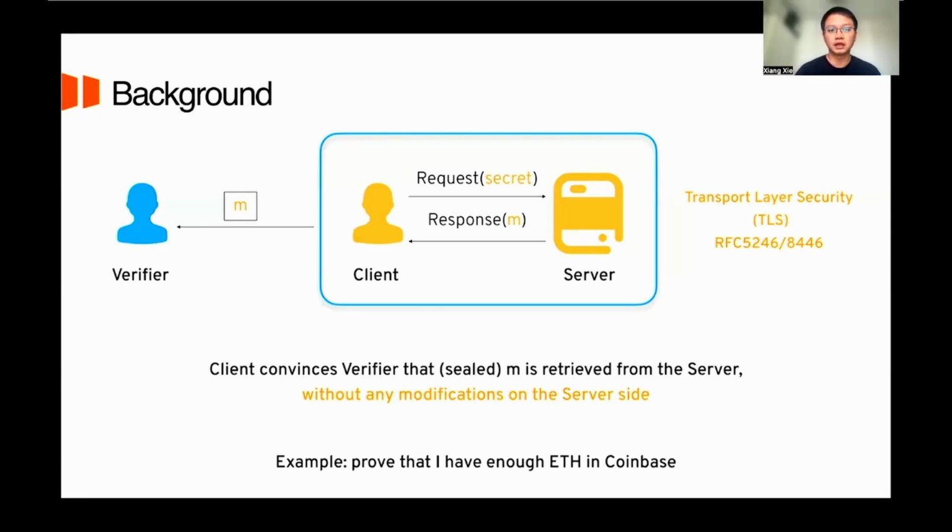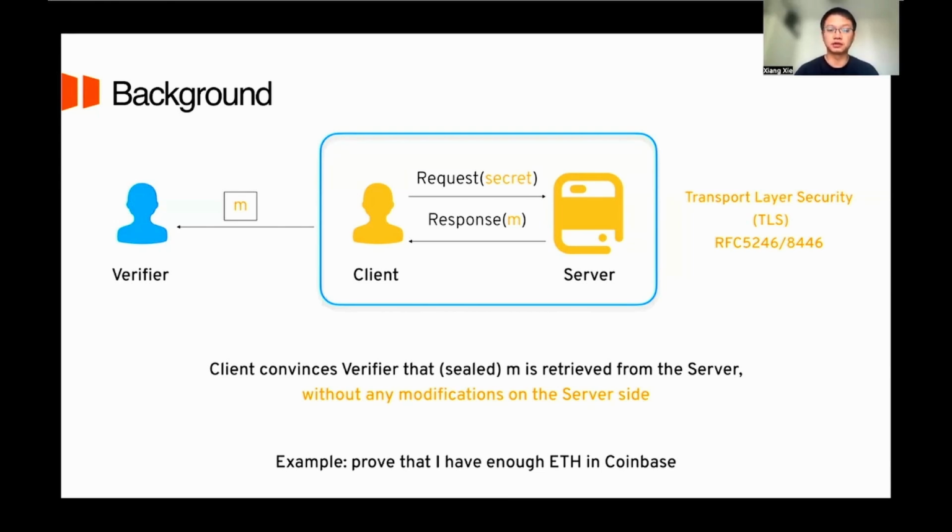The thing is that we want to do it without any modifications on the server side. This is the most difficult part, because as long as we can change the server side, the server can just sign everything and verify it.